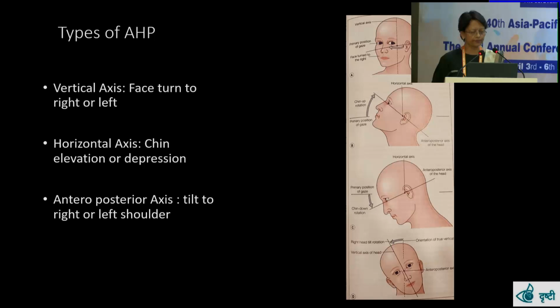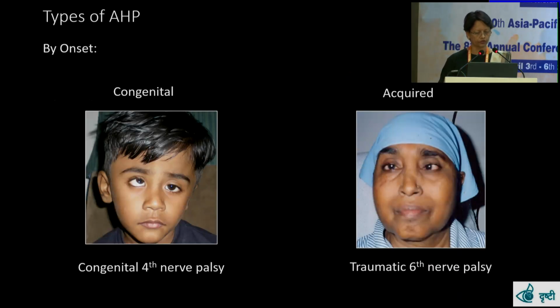Now, what are the types of head posture? There is a face turn to the right or left, which occurs along the vertical axis. If it is along the horizontal axis, we have a chin up and chin down head posture, and along the antero-posterior axis, we have tilting of the head to the right or left shoulder.